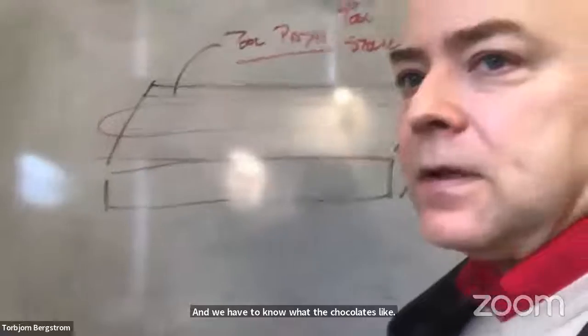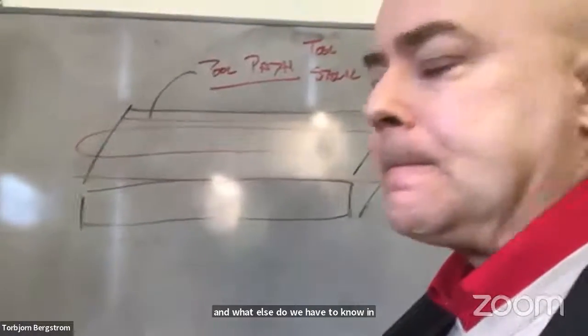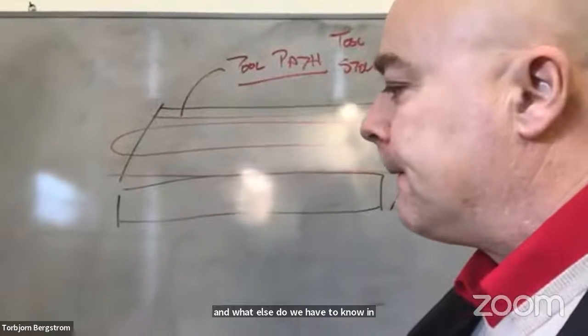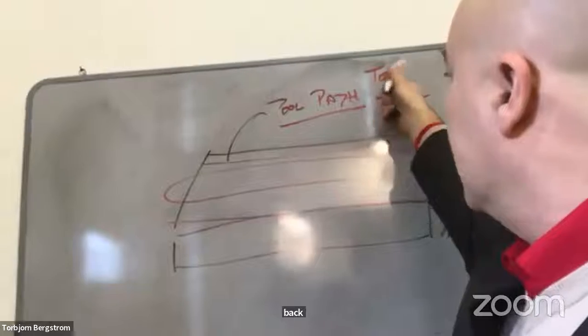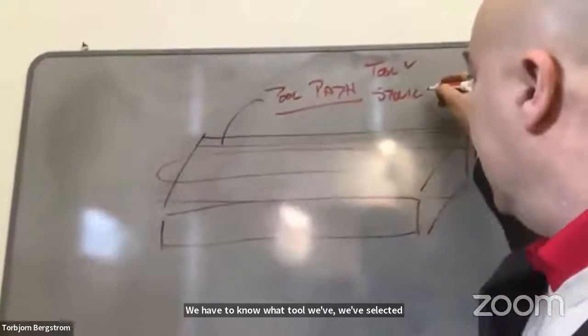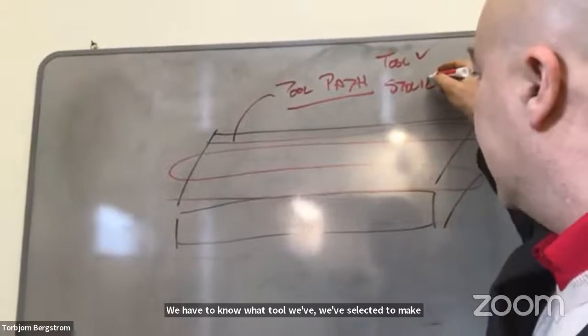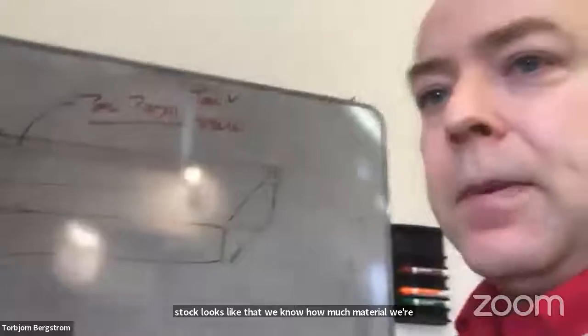And what else do we have to know in order to create our tool path? The tooling? Yeah, so we have to know what tool we've selected to make the tool path with, and we have to know what the stock looks like, so we know how much material we're going to remove from the stock to get the finished shape.